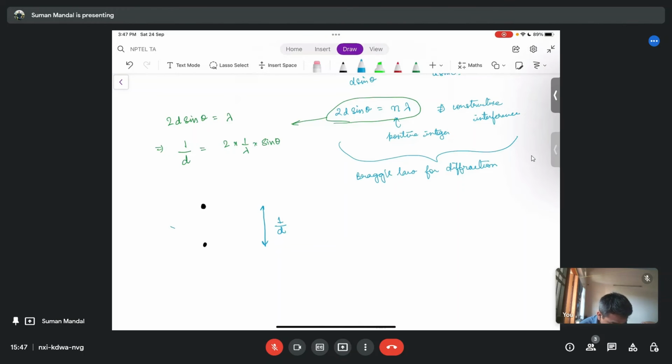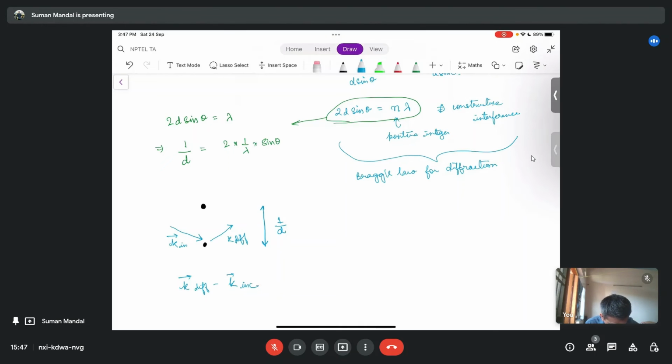We have the incoming wave vector and the diffracting wave vector. If you want to draw k diffracted minus k incoming, you can take the opposite of the incoming and sum it up.